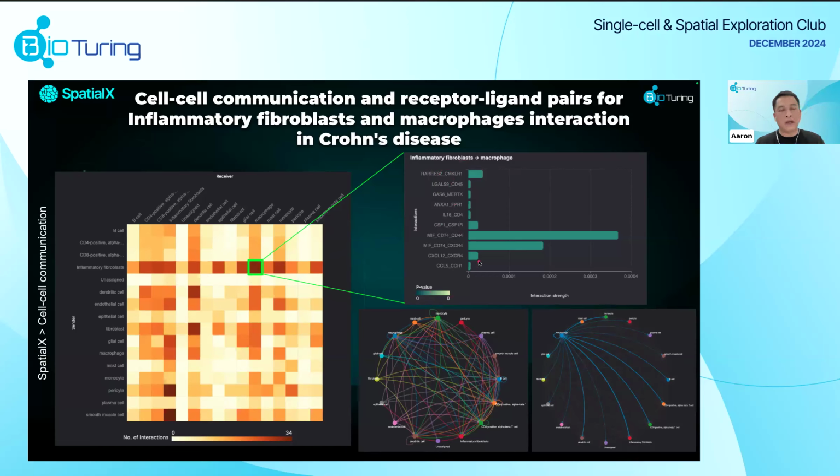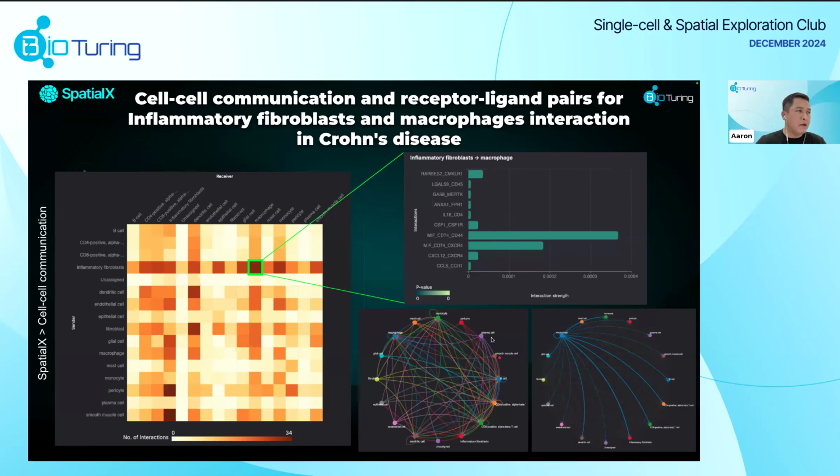And from that, we can go further and design experiments in the wet lab to validate whether or not these receptor-ligand pairs are actually the ones that the two cells use to interact with each other. We're also able to further analyze which pathway may be involved in this interaction.